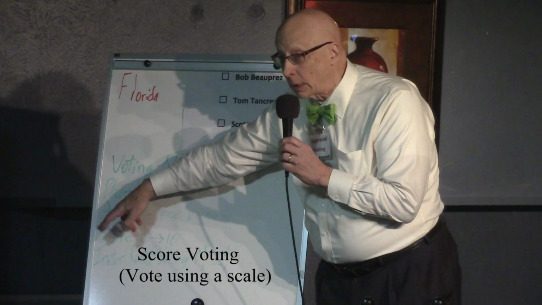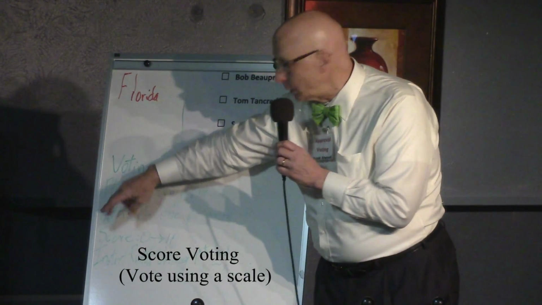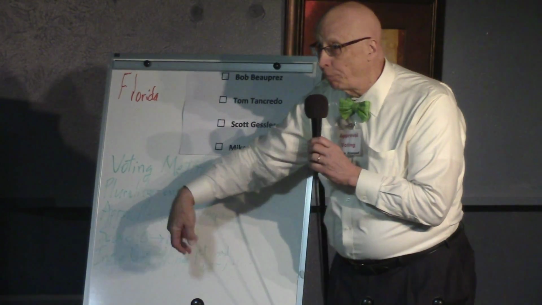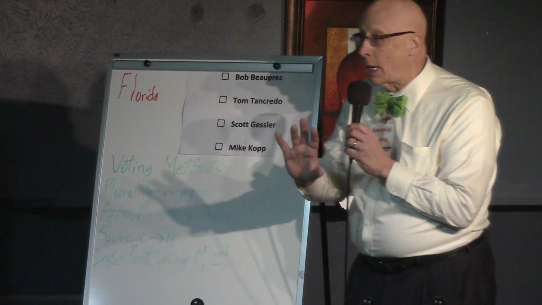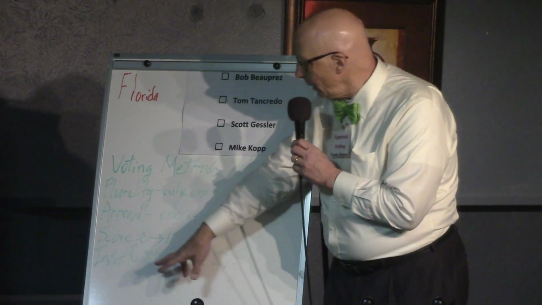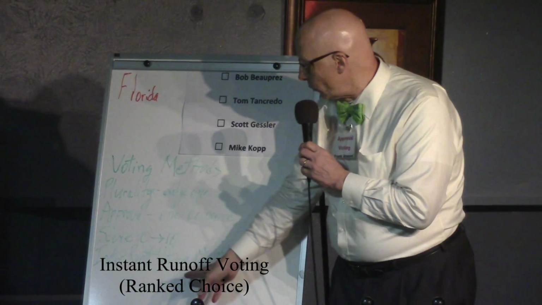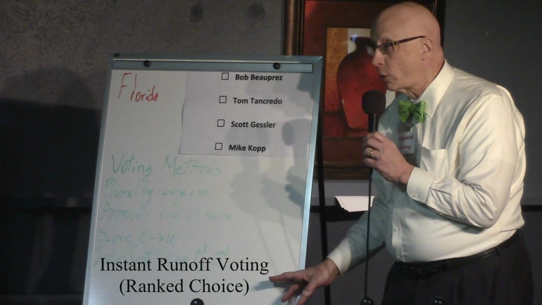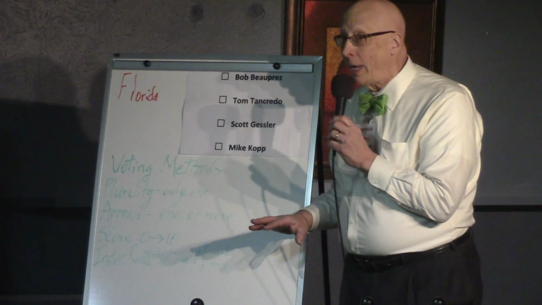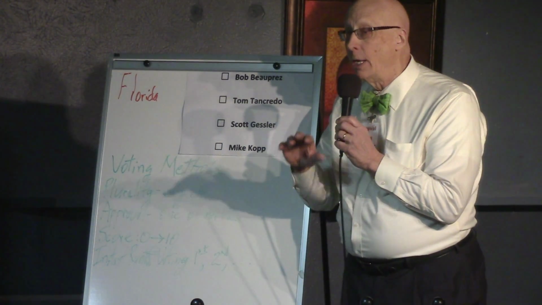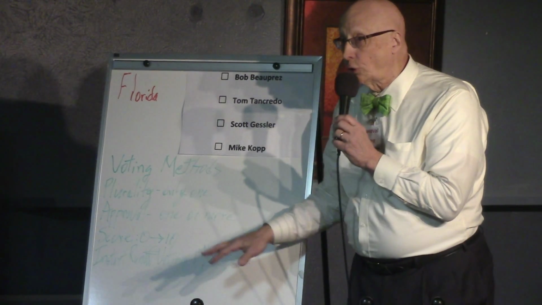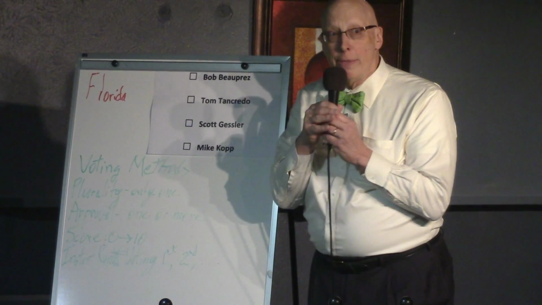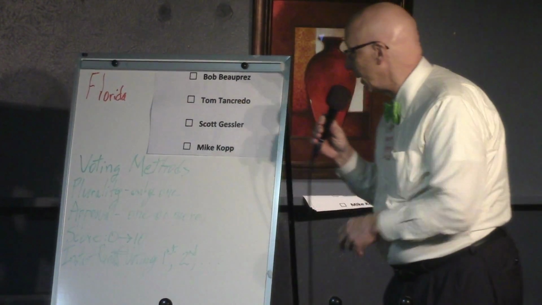Score voting is like what I refer to as Olympic judging, awarding a score of 0 to 10. The 4th method that we're not going to get into is called instant runoff voting, in which you rank them first, second, third, fourth choices, and until you have a majority for your candidate, your choices get eliminated and your vote gets shifted to those that are still in the running.